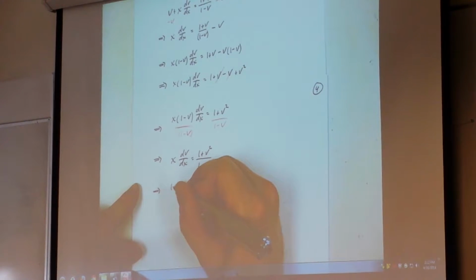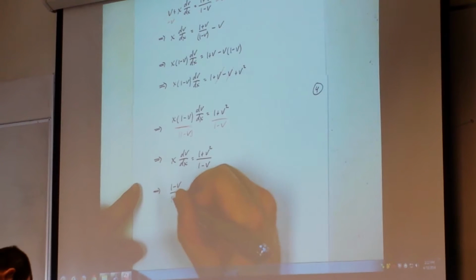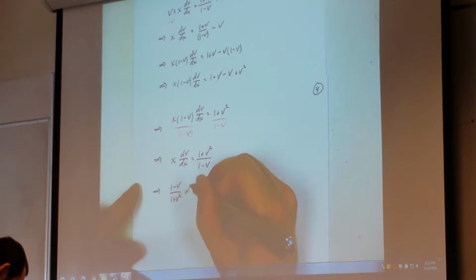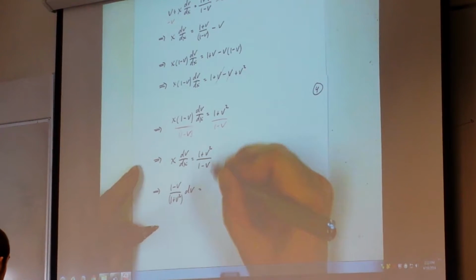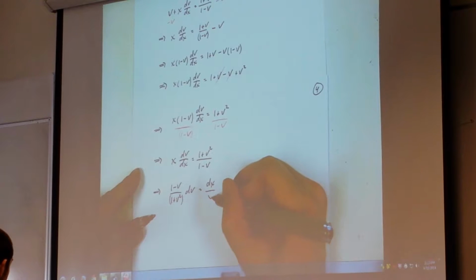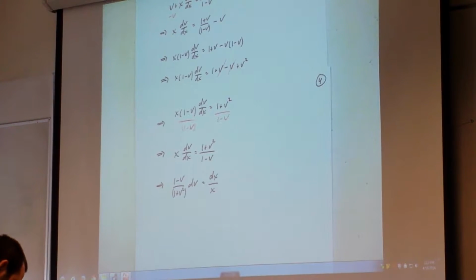We're going to have 1 minus v over 1 plus v squared dv equals, multiplied by dx, dx over x. Right? Okay.